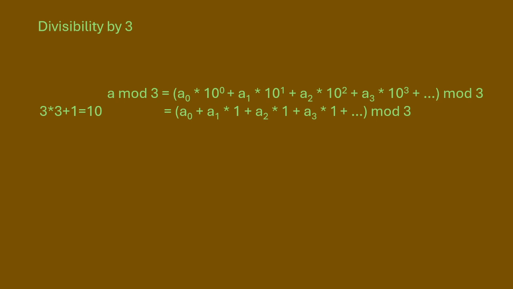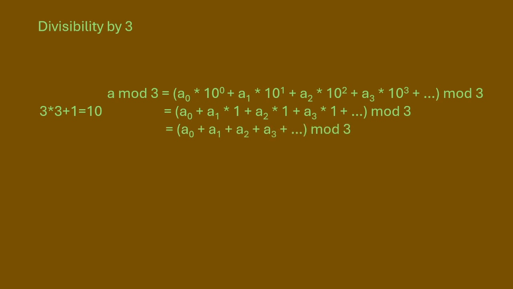Now, divisibility by 3. Start off at the same spot, separating our number a into a series of digits. We note that 10 mod 3 is 1, giving us a remainder of 1, so we can substitute all of our 10s with 1s.